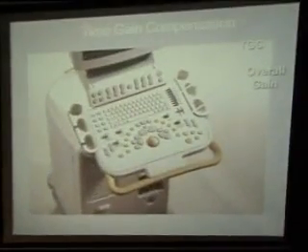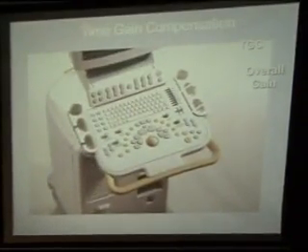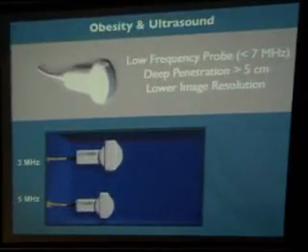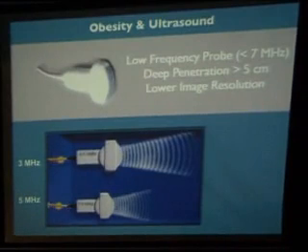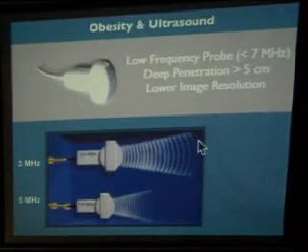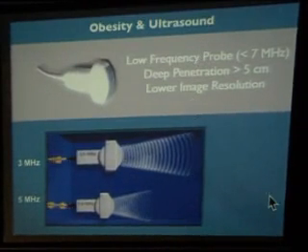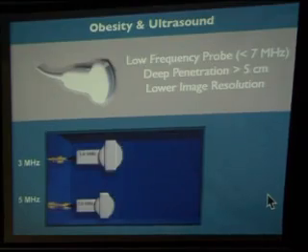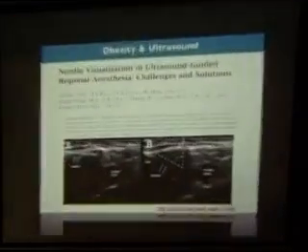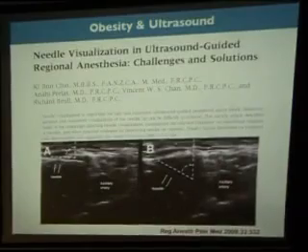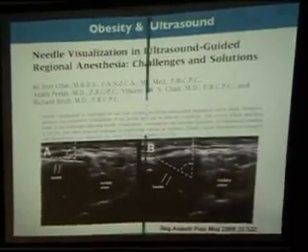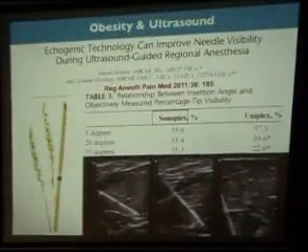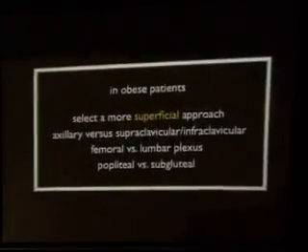That's why we use the gain compensation to help us. So the message is use the lowest frequency in order to get the penetration, but when you do that, the image resolution, the image quality will be less. The needle, again, is going to be difficult to see. So that is why we use echogenic needles.